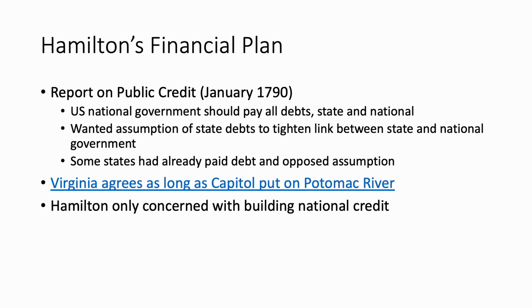Virginia finally agreed to have the national government pick up all of the debts if they would place the new capital on the Potomac River close by to Virginia instead of all the way up in New York City or all the way in Philadelphia. Hamilton said, fine, I don't care as long as we get the national credit built up. Fine, done. So that was a huge win for Jefferson and Hamilton on both sides, because they both kind of got what they wanted.